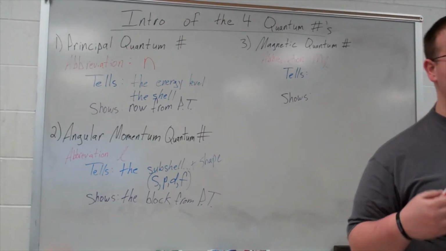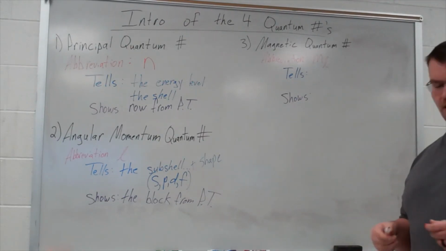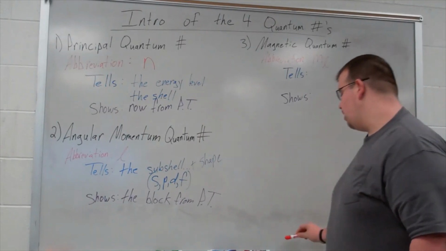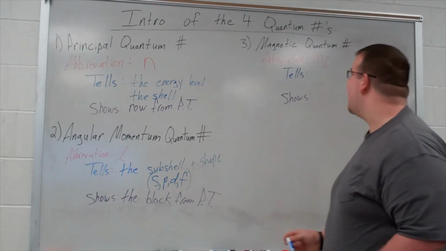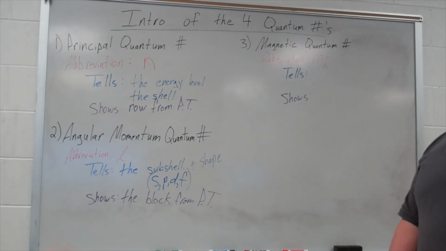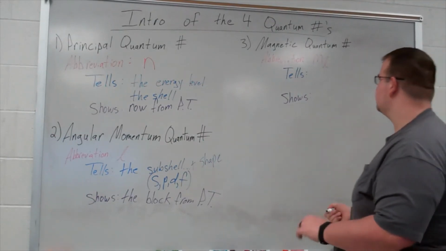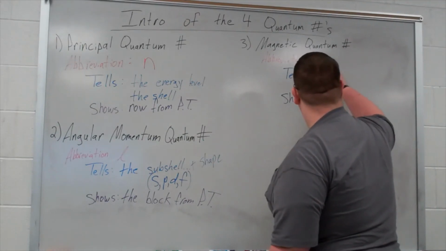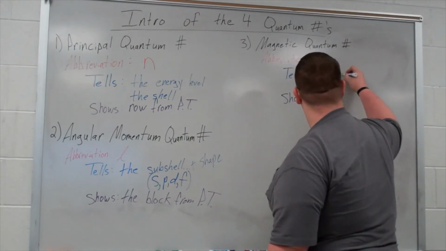So within this, we can get some information. Okay, so what does this number tell us? The magnetic quantum number tells us how many orbitals there are. How many orbitals?